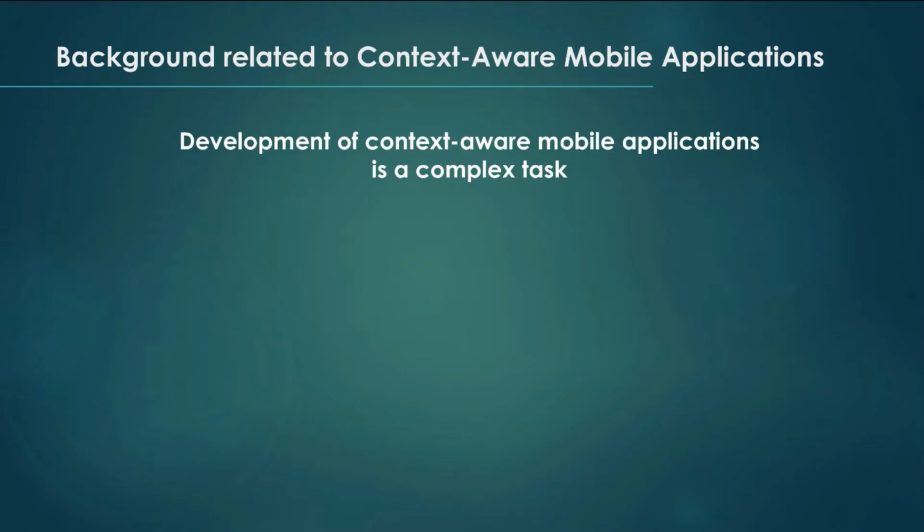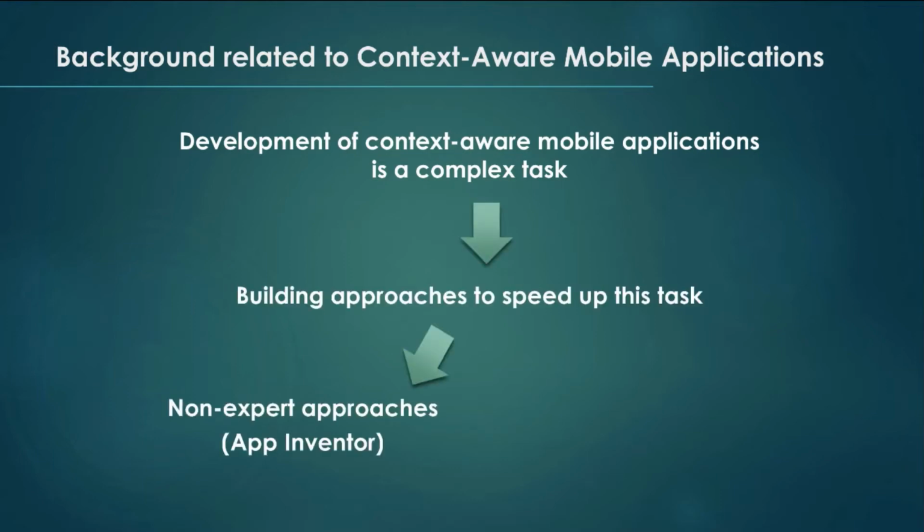Developing context-aware applications is a complex task. Building approaches speed up this task, and they consider 2 different options. For non-experts, for example, App Inventor allows configuring and creating applications for outdoor spaces.